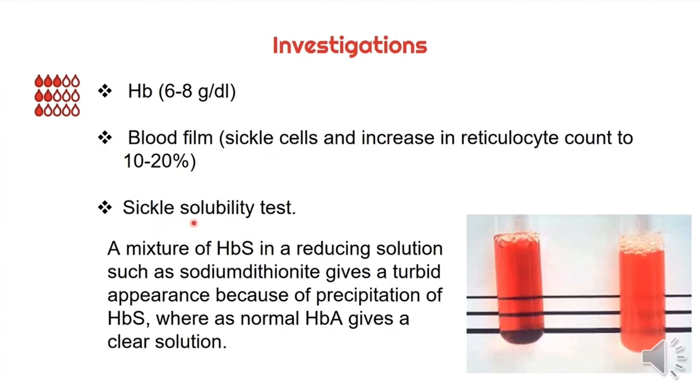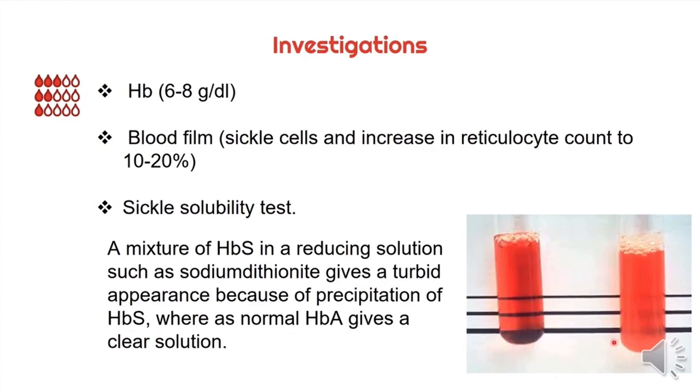Also, we do a sickle solubility test. This test is based on the relative insolubility of HbS compared to HbA. We put a mixture of HbS in a reducing solution, such as sodium dithionite, and this will give us a turbid appearance because of the precipitation of HbS, whereas normal HbA will give a clear solution.